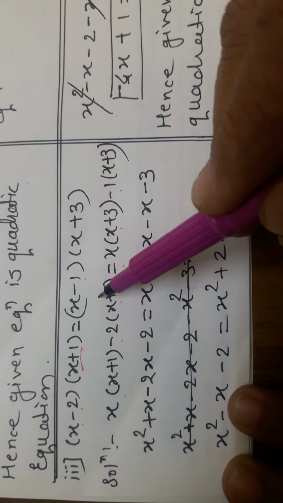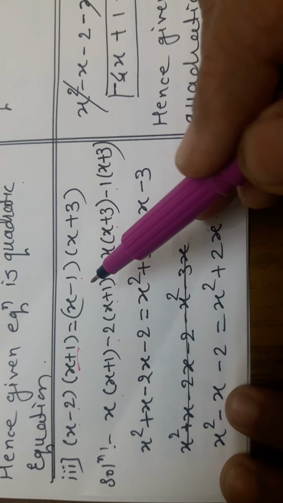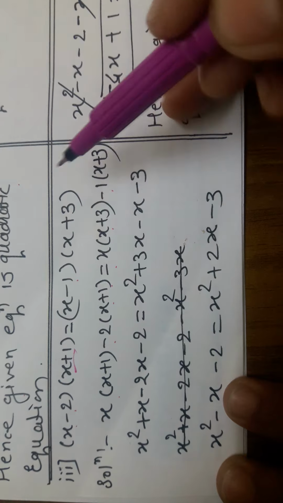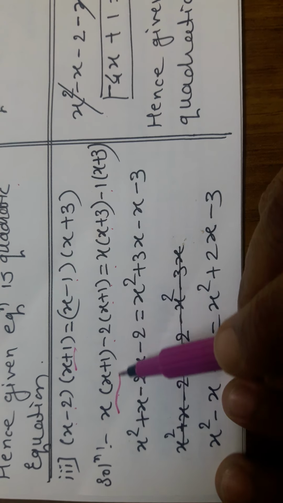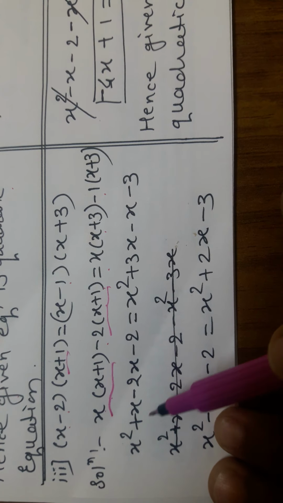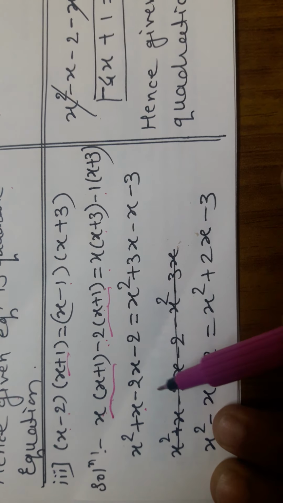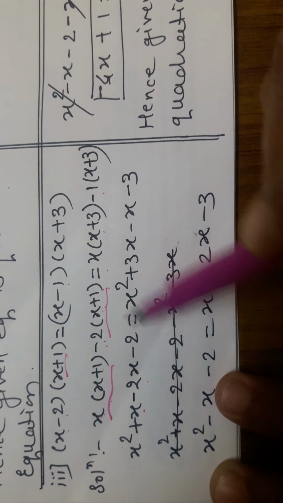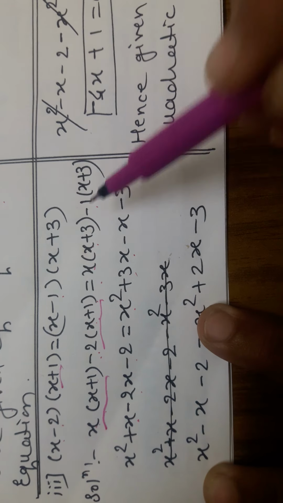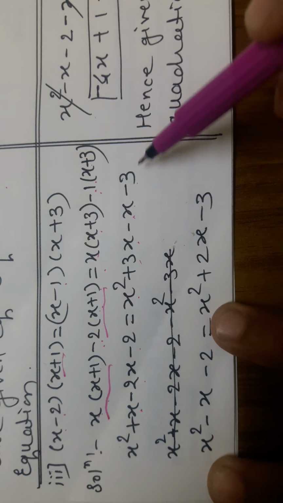Here we can use the fourth identity also, x plus a into x plus b, but here we have multiplied the brackets. So x into x is x square, x into 1 is x, minus 2 into x is 2x, minus 2 into 1 is minus 2. Here again x into x is x square plus 3x, minus 1 into x is minus x, and minus 1 into 3 is minus 3.